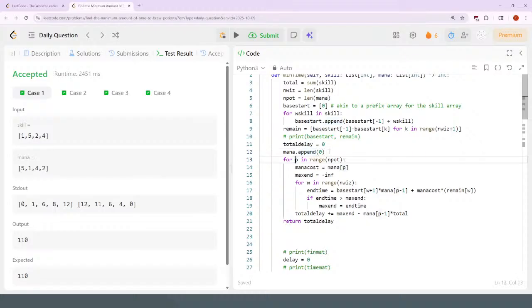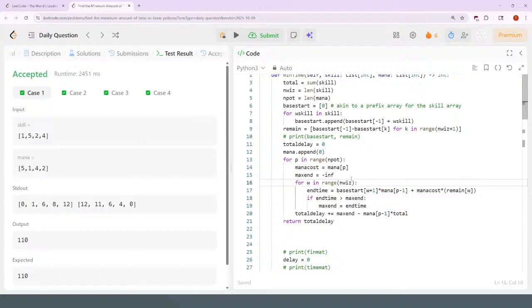So for every potion, there's a cost for the potion, which is mana P. I'm going to consider calculating the maximum end time for every wizard when they get that potion to the end. And this maximum end time is what I want to track for every potion.